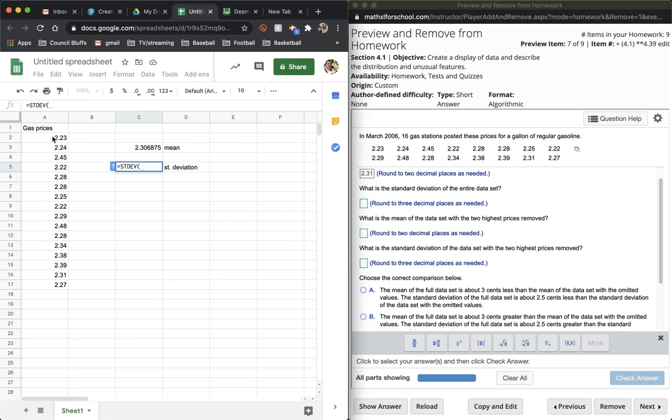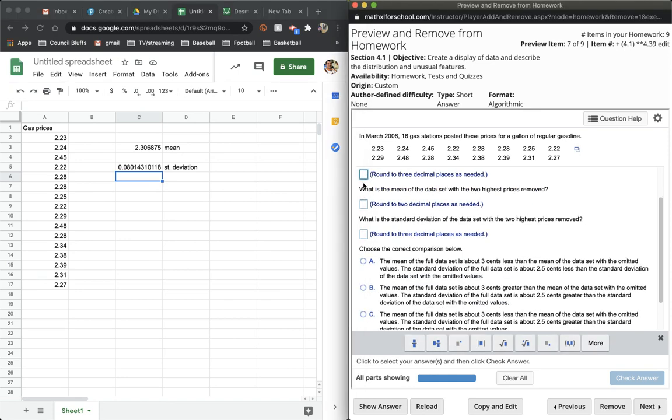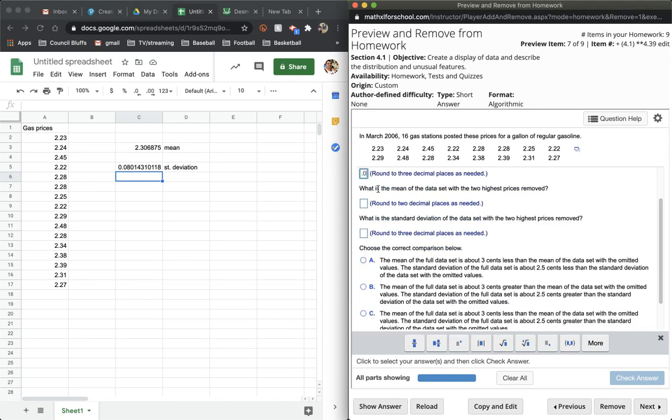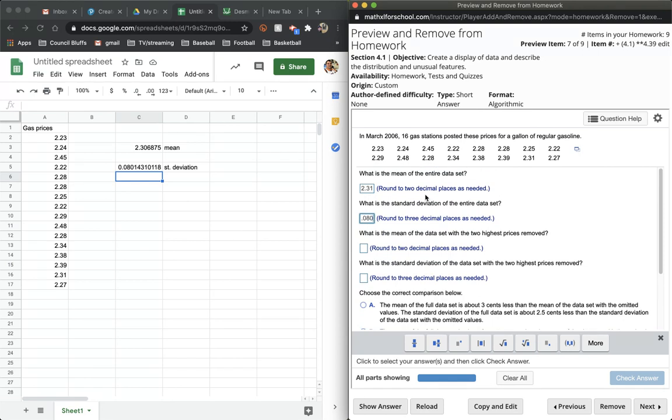I'm going to drag my mouse and select all the data here, and hit enter. Then just make sure we round to the correct number of decimal places. The correct number would be 3. So that's going to be 0.080. If I round to 3 decimal places, 0.080.